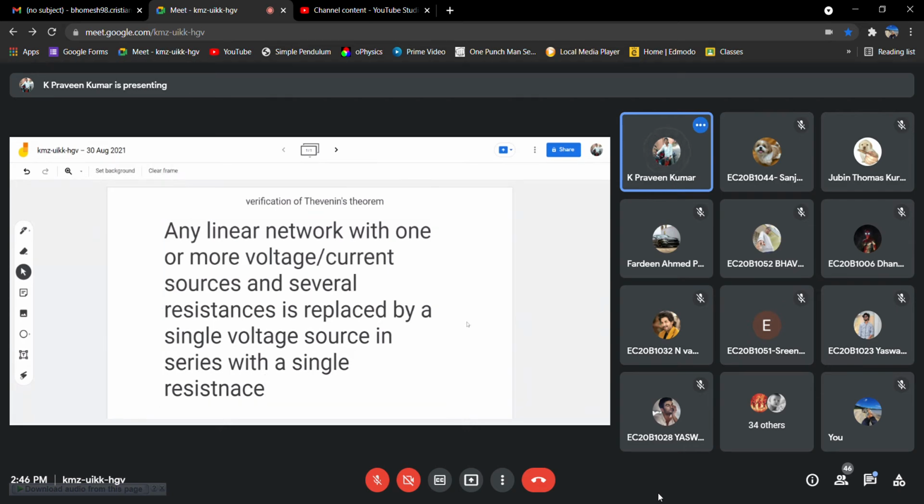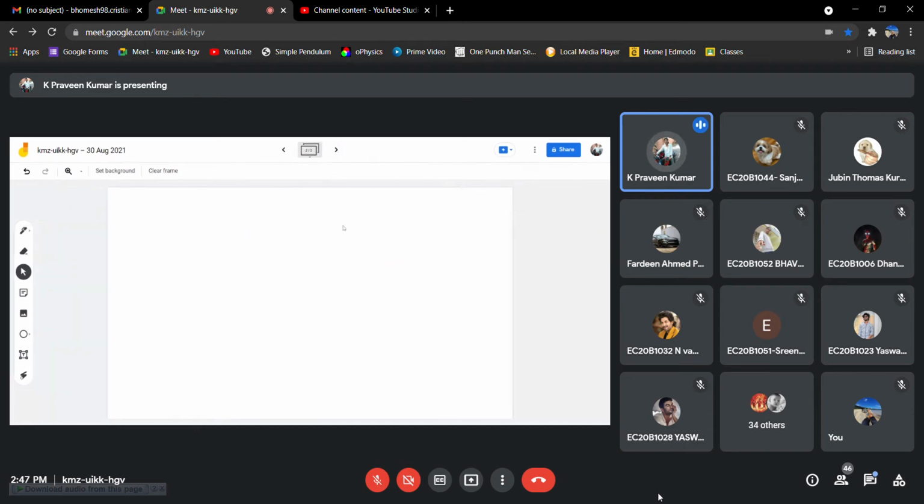Right. So we'll see a simple example. What does this theorem state? Let us consider one simple circuit.